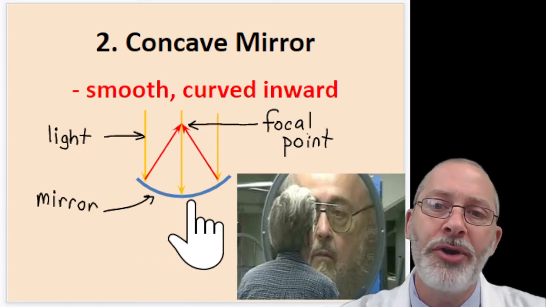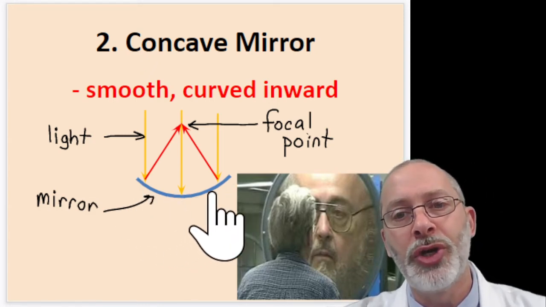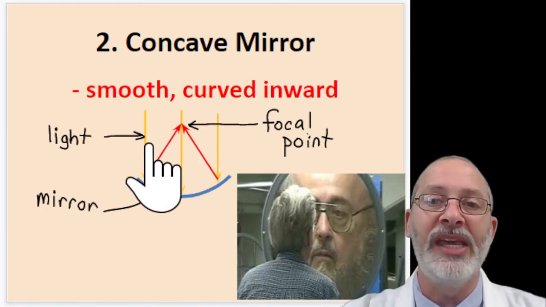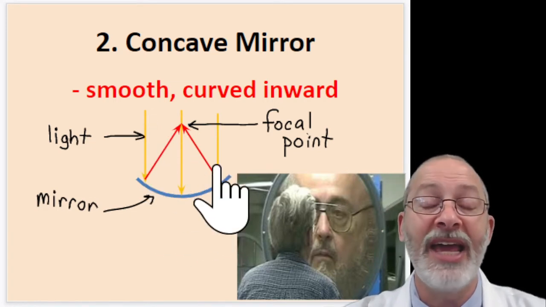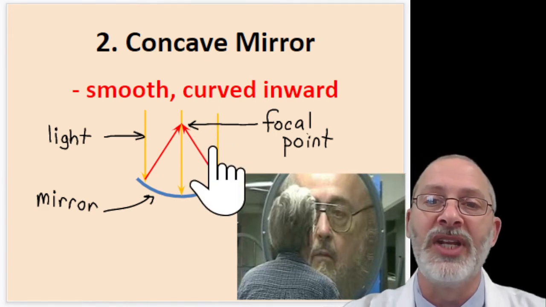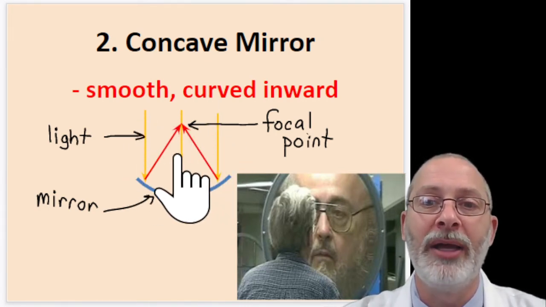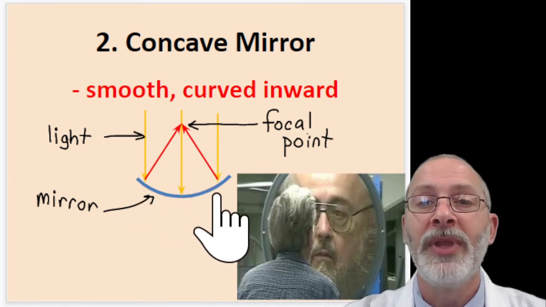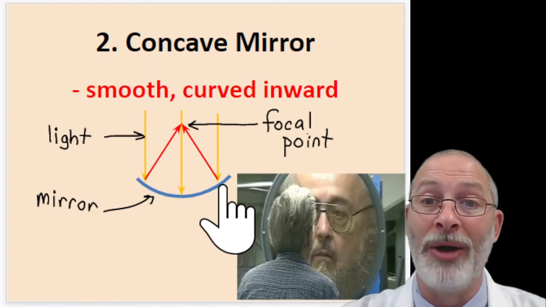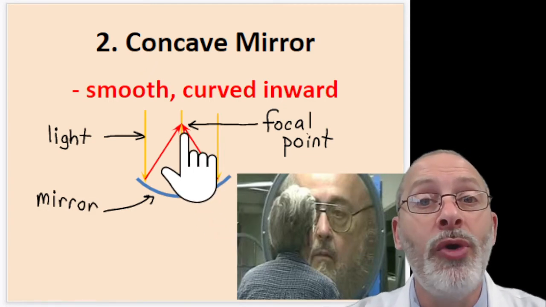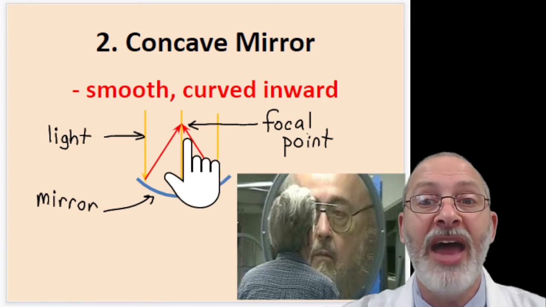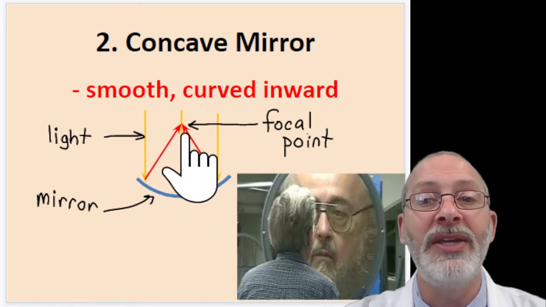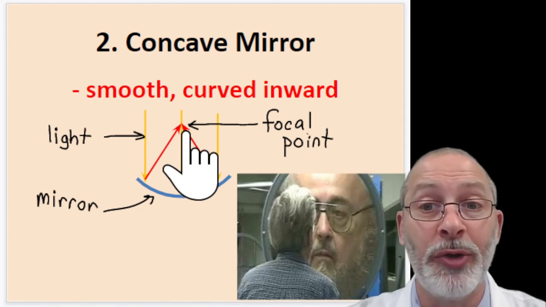And because it's curved inward, and the blue line here shows the cross section of the mirror, it's curved inward so that the incoming light, and make sure you label your diagram, these light rays that are coming in parallel to one another in straight lines called rays, when they hit the mirror, they are reflected or bounced back to a focal point. That focal point is where all of the light rays converge to a single point.